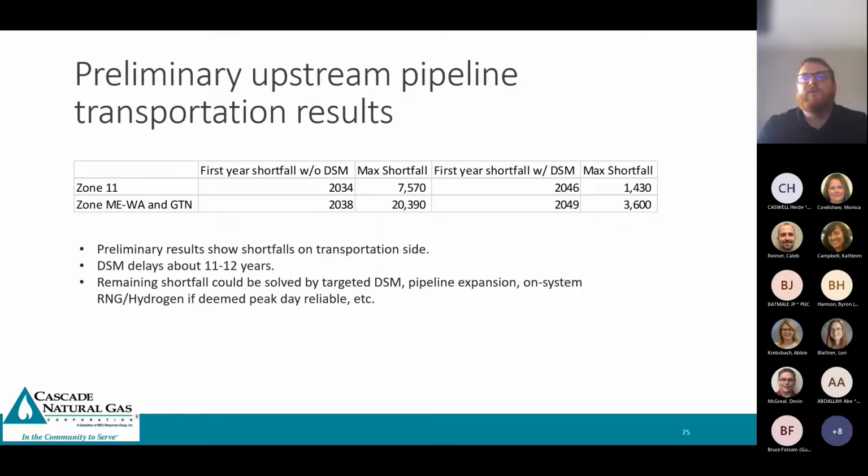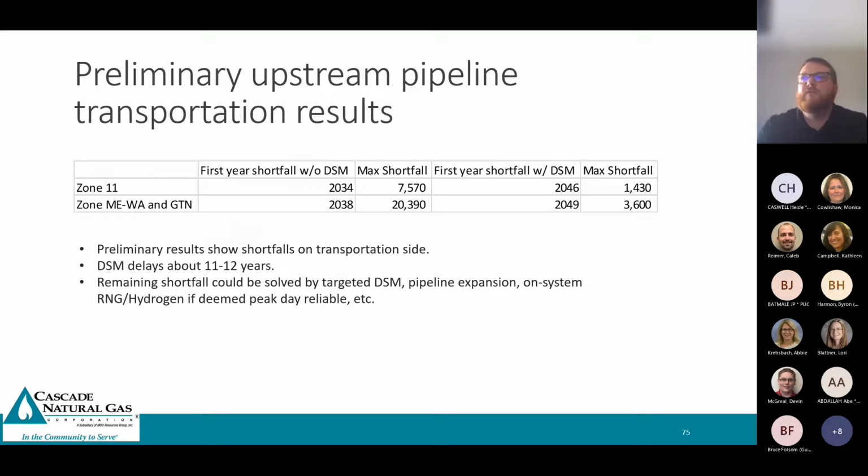Some solutions that we consider for these shortfalls: targeted DSM. So we have areas of constraints. Maybe if these shortfalls remain as we get closer to them, we could target some DSM in those locations. Pipeline expansion, if we can't get enough incremental DSM, we could look at a pipeline expansion if it comes down to that.